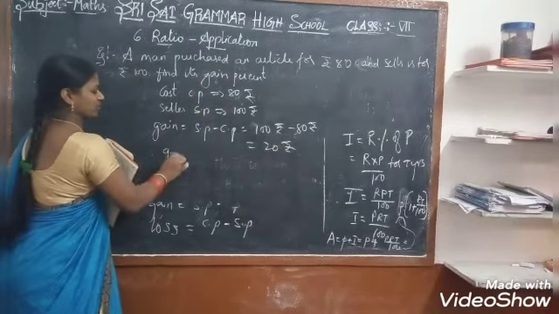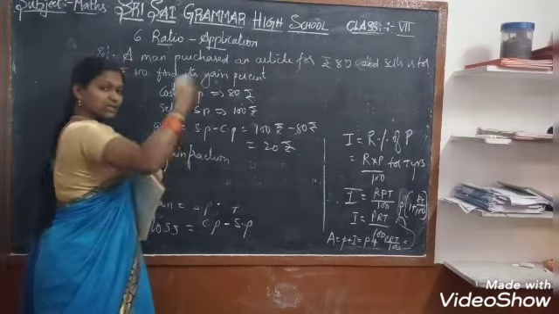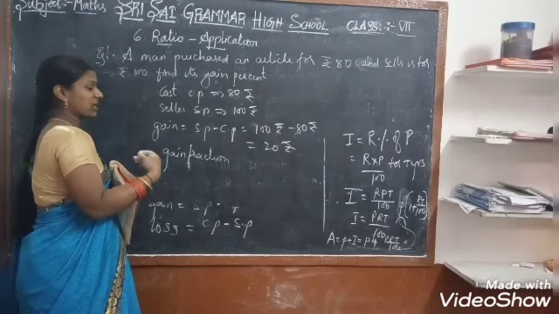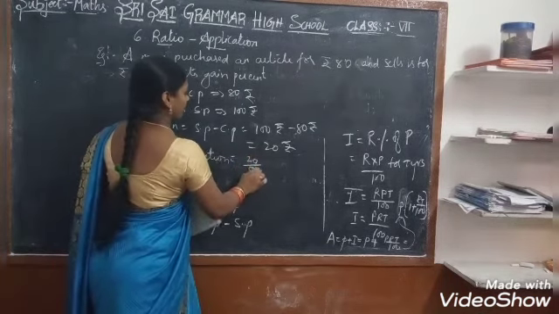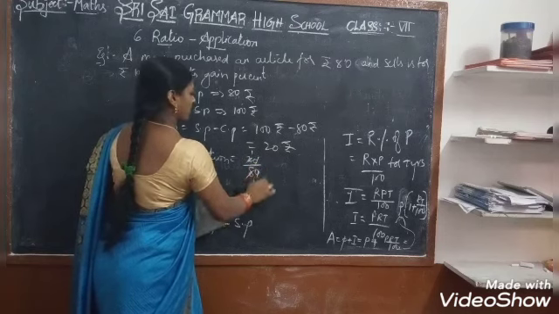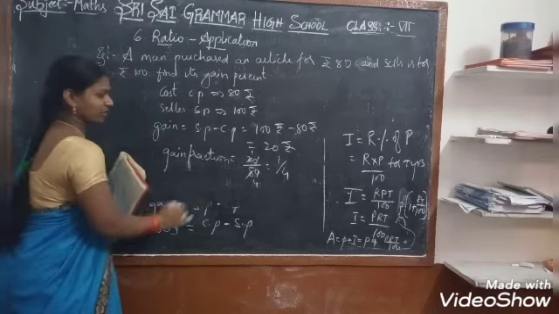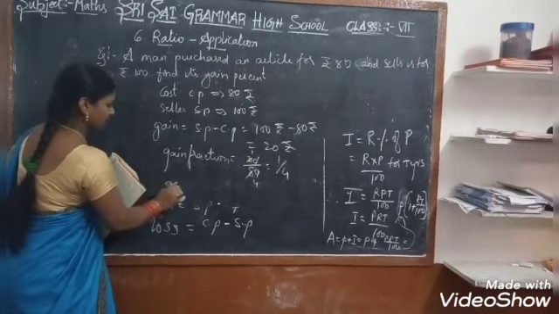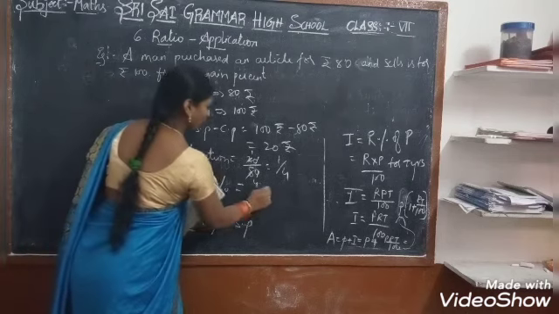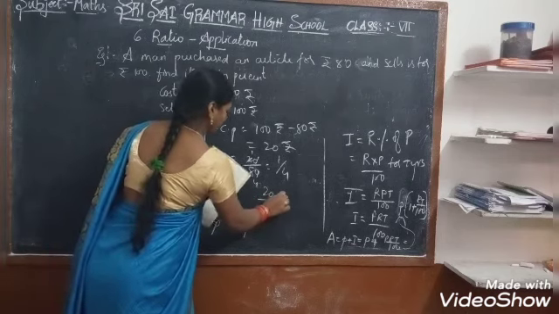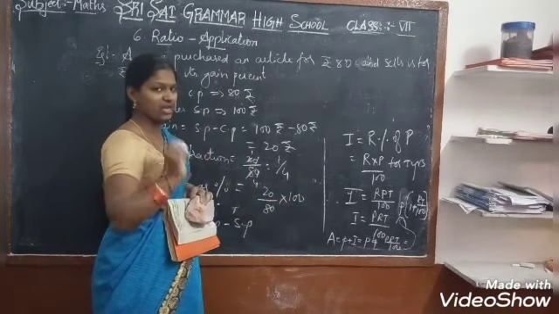Now, we are going to apply the gain fraction. 20 by 80. How much? 1 by 4. Now, how are we going to apply the percentage? Gain as percent: 20 by 80 into 100. Percentage means we have to multiply with 100.